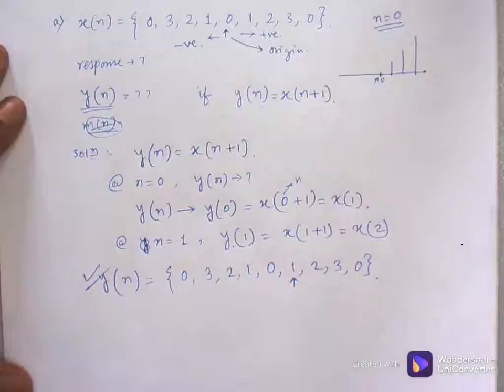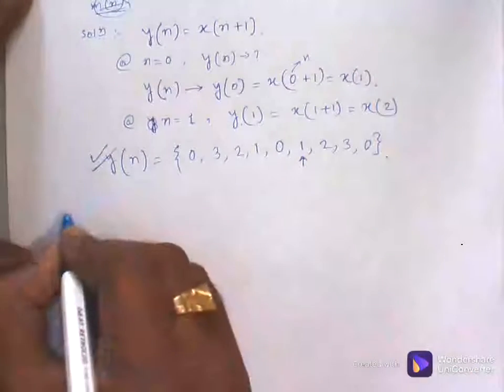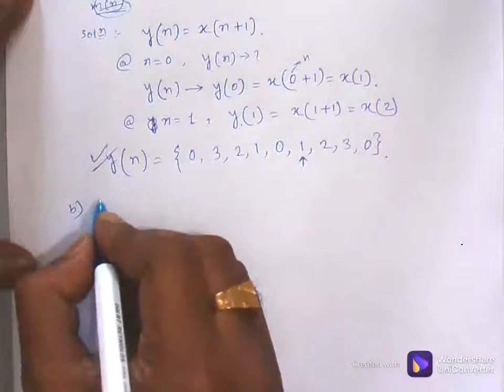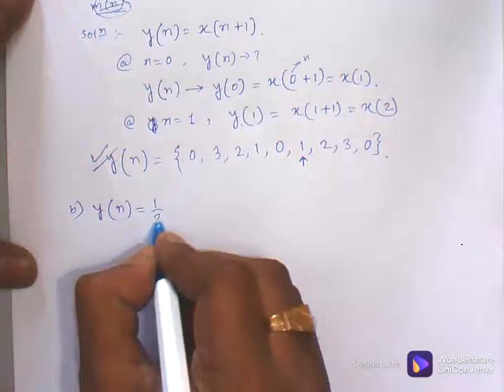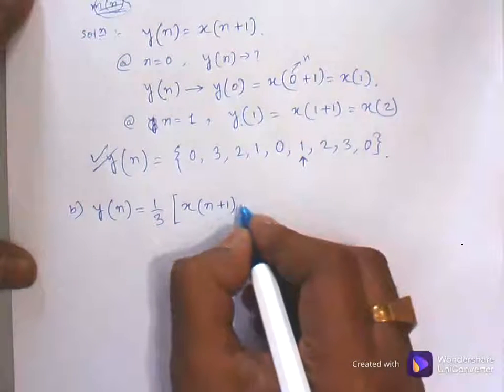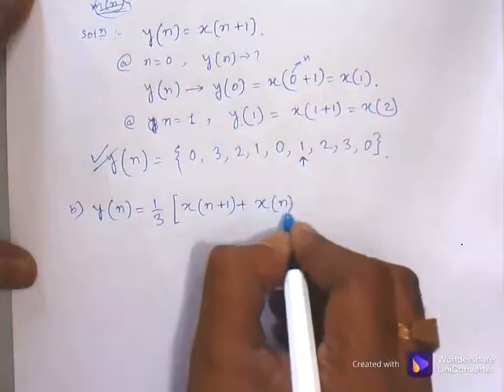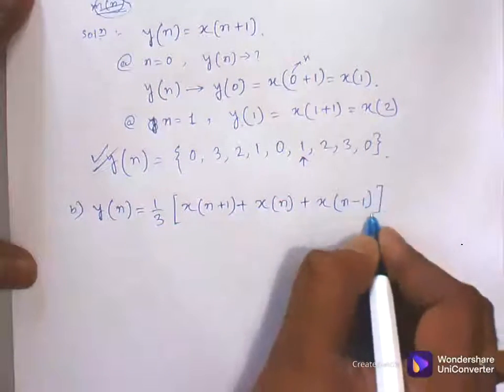Similarly, I am giving another example, that is y of n equal to 1/3 times x of n plus 1 plus x of n plus x of n minus 1.